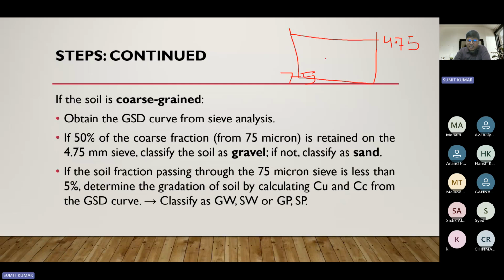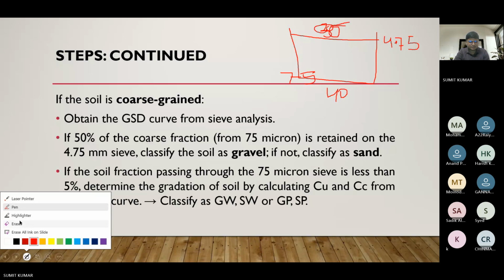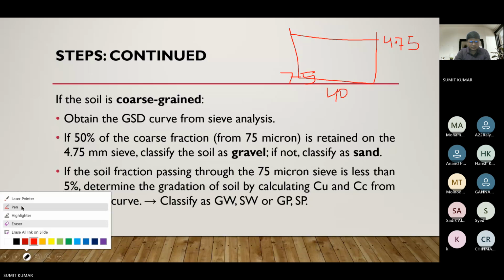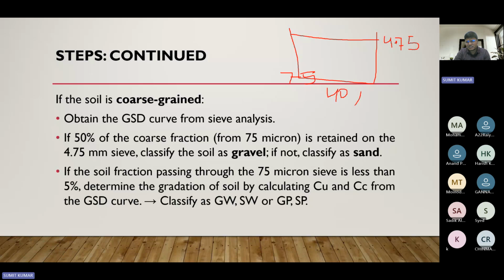So if more than 50% of particles are retained over here, but suppose 40% of particles are below the 75 micron, and over here 35% of particles are there, right?